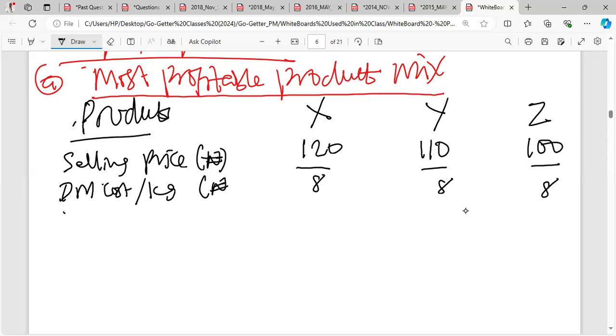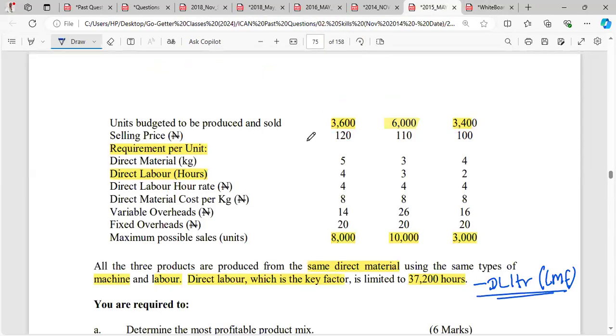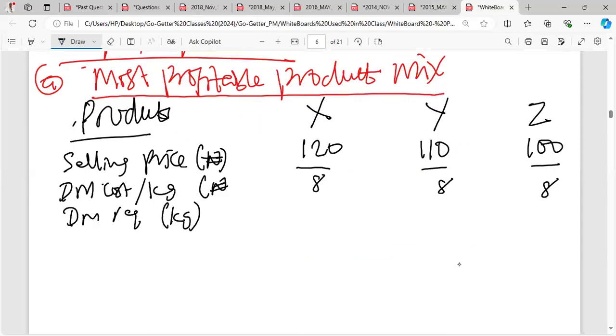Then we have direct material required, this is in kg. Direct material required 5, 3 and 4. So when we multiply, let's double underline this so that you do not think I'm dividing.